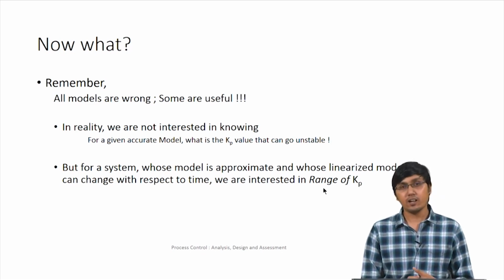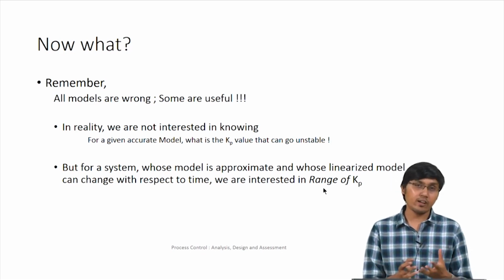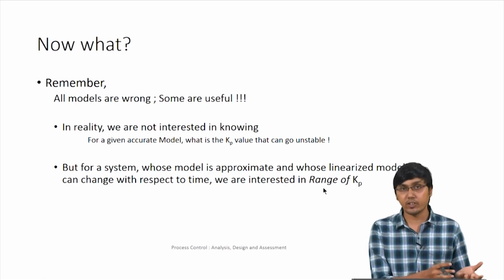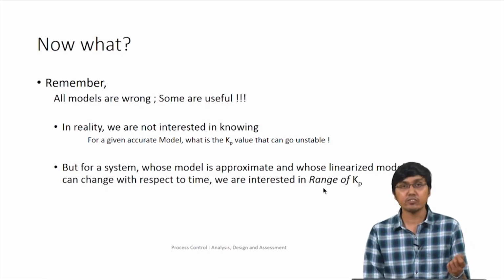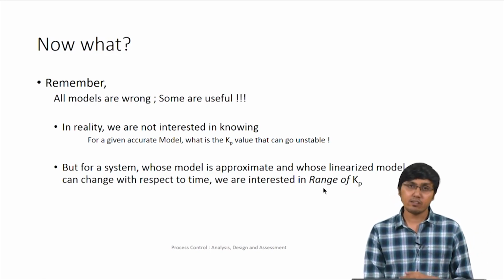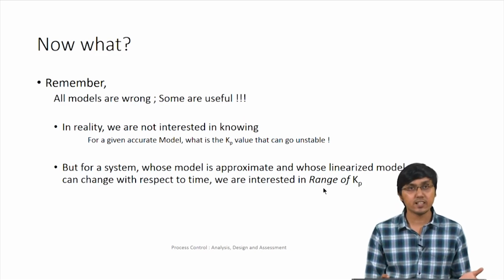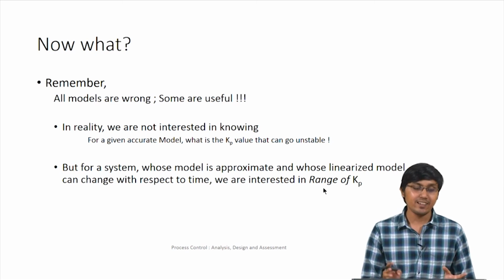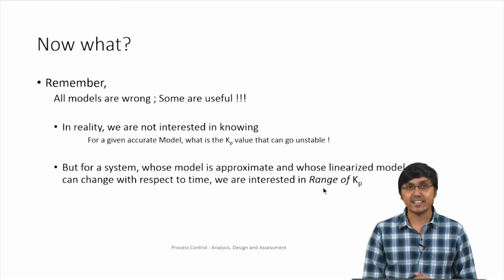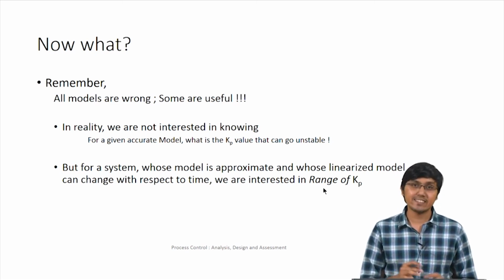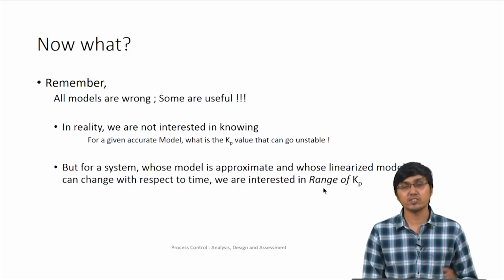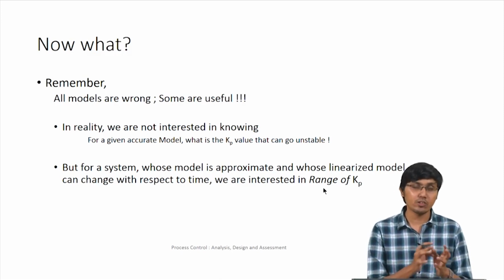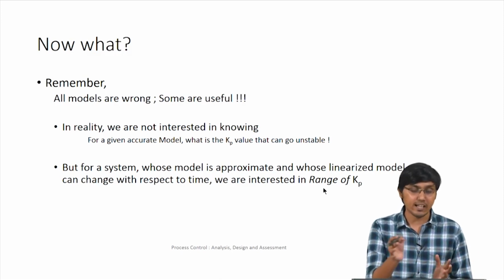Given a model which is accurate, we can find the exact value of Kp at which the system will go unstable. But we have also seen that all models are approximations. There is a very interesting phrase which says, all models are wrong, some are useful. So we are looking at useful approximations of a system as a model.